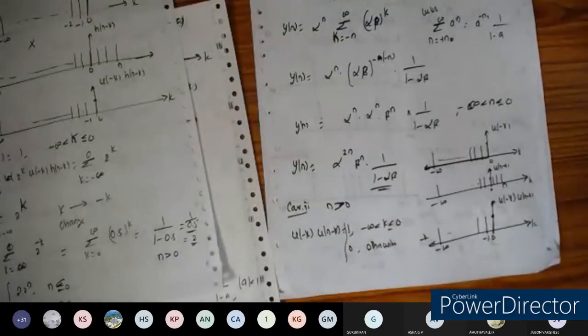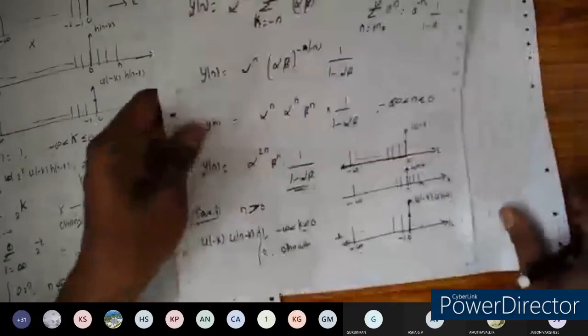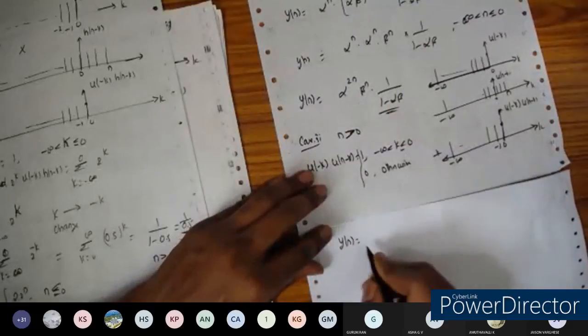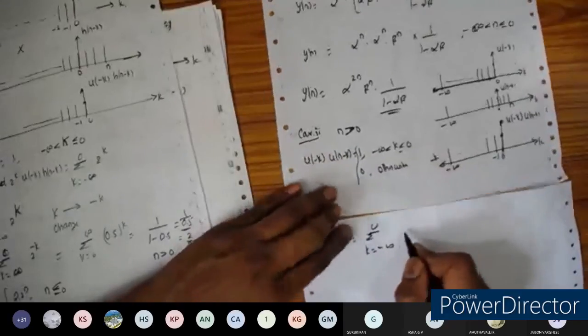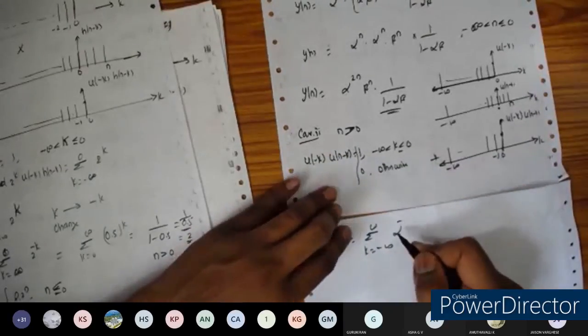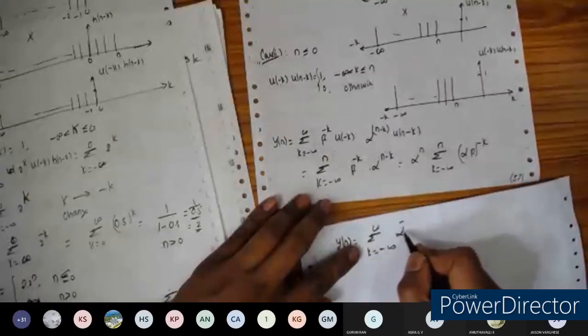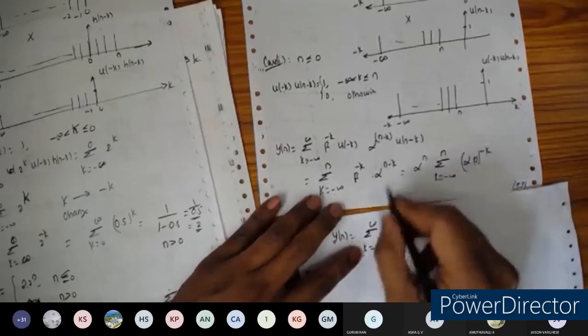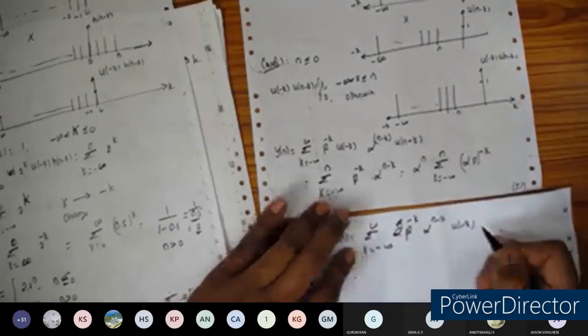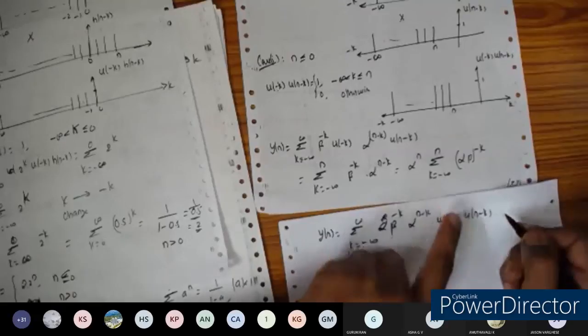Done. Let us substitute back in the summation, evaluate the summation. So y of n is equal to the summation k equal to minus infinity to plus infinity of alpha to the power of minus k, sorry, beta to the power of minus k into alpha to the power of n minus k, into u of minus k and u of n minus k.